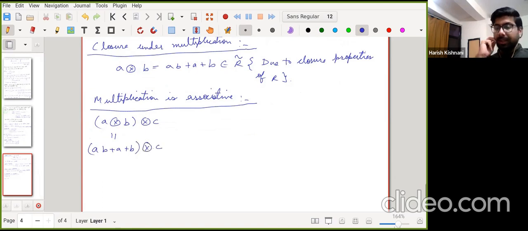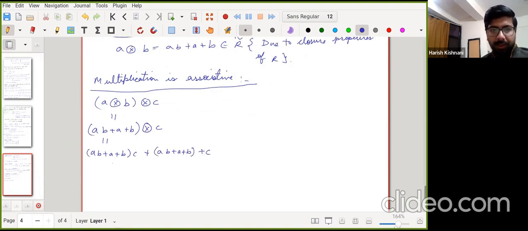So how is this operation defined? We just take the multiplication of the first element with the second element, so AB plus A plus B times C, then add the first element and then add the second element. Okay. And now we can use the distributivity of the original ring operation.